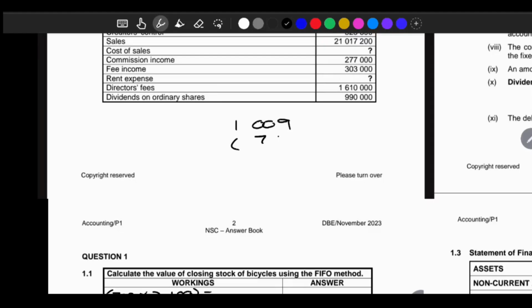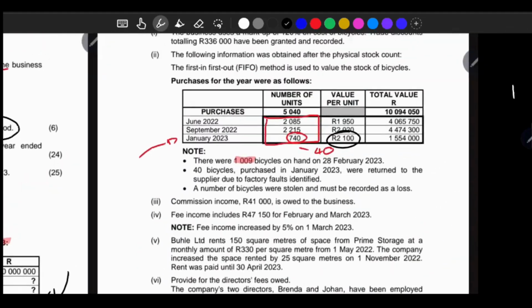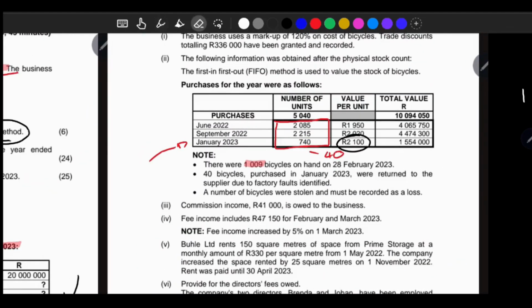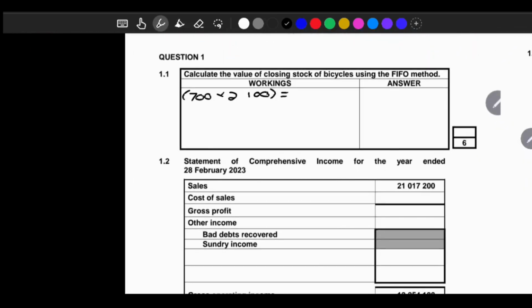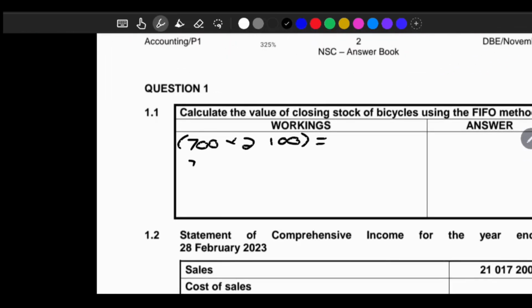We said we subtracted 700. That leaves us with 309 bicycles. So the 309 bicycles will come out of this second order then, right? That we made in September at 2,020 rand each, right? So it's going to then be 309 bicycles multiplied by 2,020 rand.